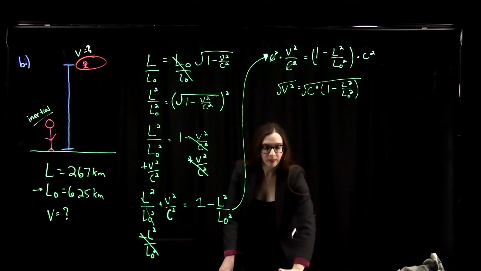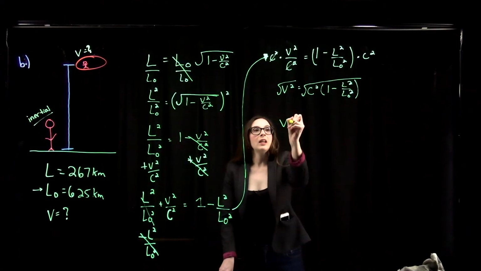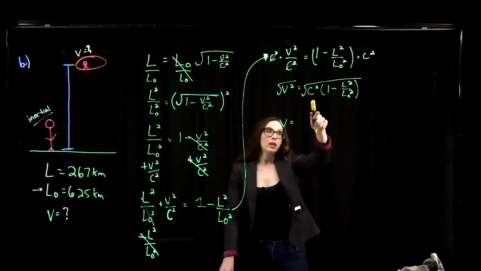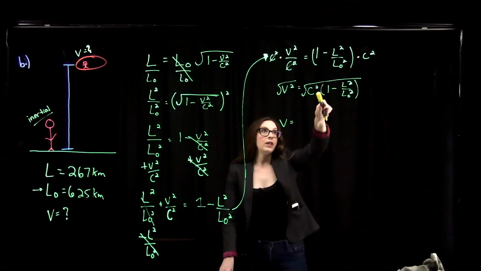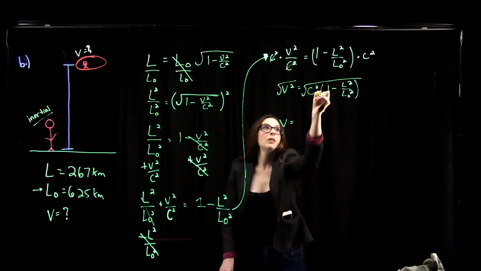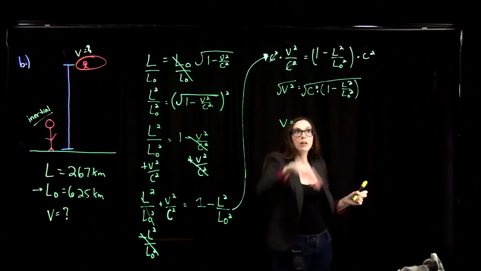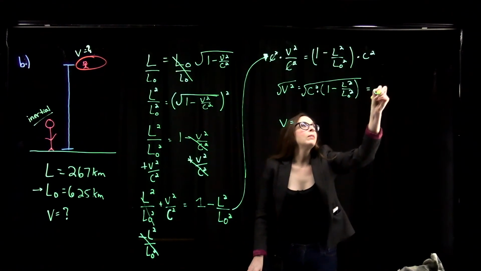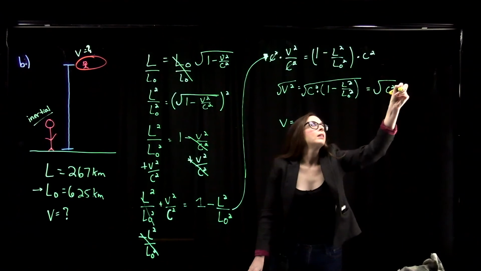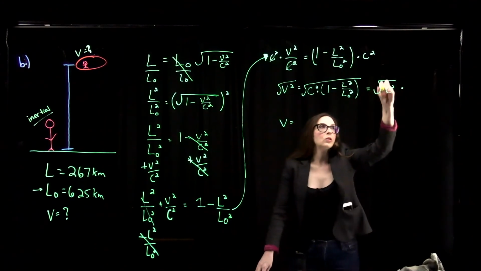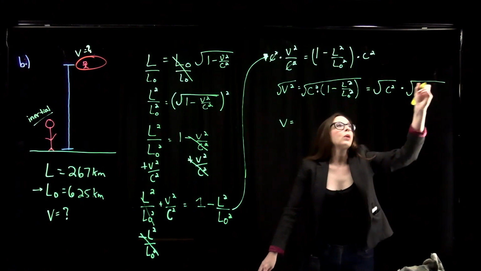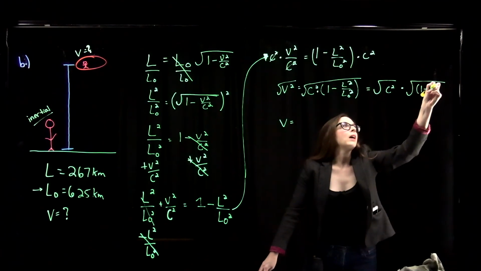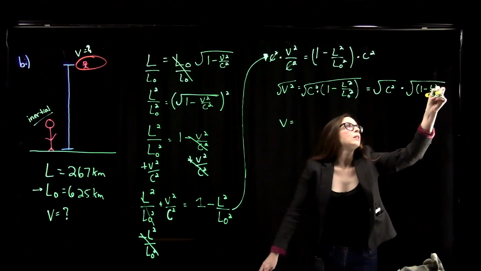So now v is equal to, whenever you have the square root of these things being multiplied by each other, we have c squared being multiplied by this thing squared, that's the same thing as the square root of c squared times the square root of 1 minus L squared over L naught squared.